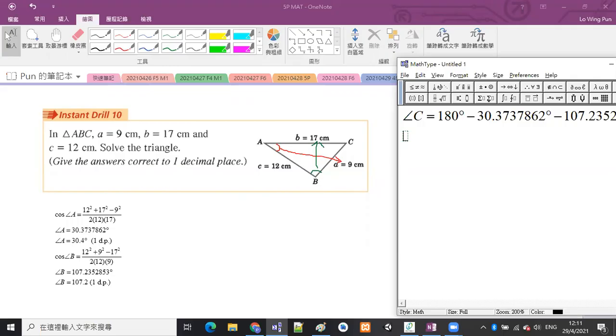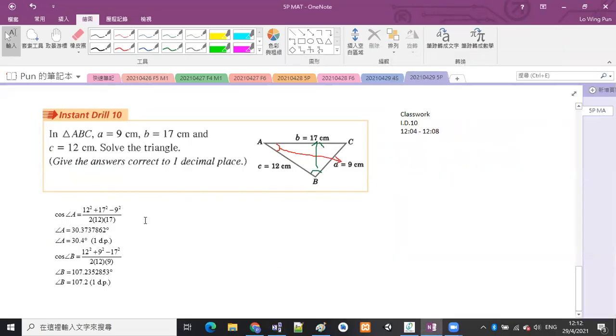Okay, so it should be 42.3 something. Okay, angle C is 42.39092854 degrees, which means that when it is correct to 1 dp, that should be 42.4 degrees. Okay, and this number is correct to 1 decimal place. Okay, can you get the correct answer?